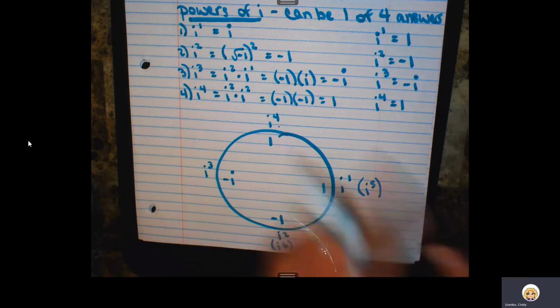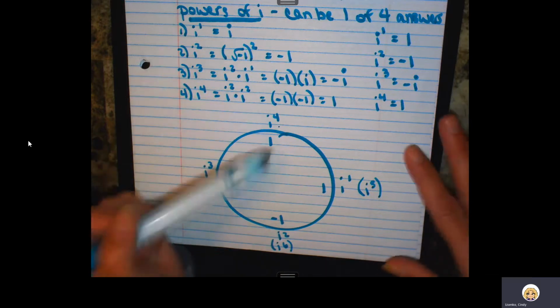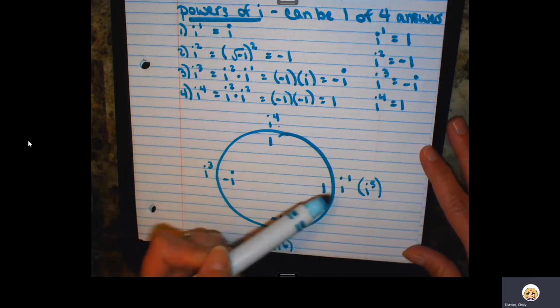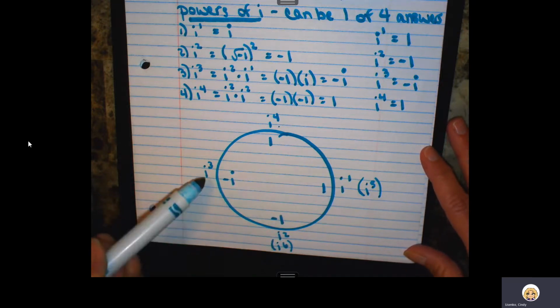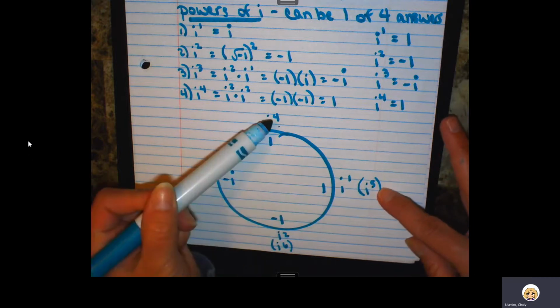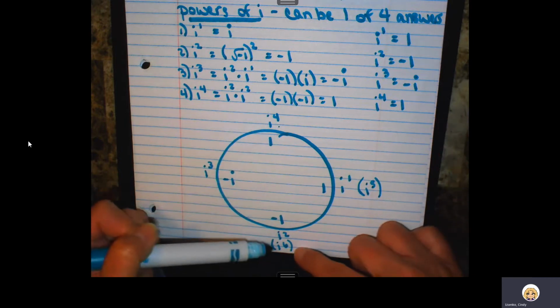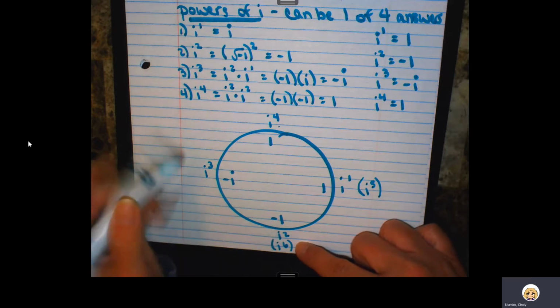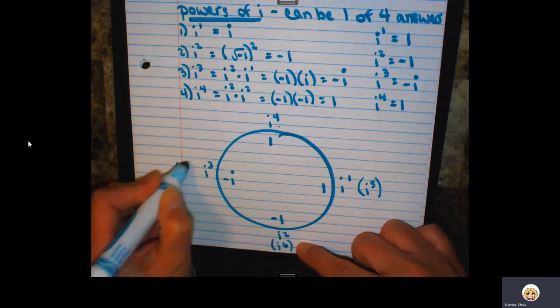What I'm trying to show you is any power of i can be found by using this clock. You're just rotating around. So we've got i to the first, i to the second, i to the third, i to the fourth. i to the fifth would be 1 more than 4. i to the sixth would be 2 more exponents than 4, so that's why it's down here. i to the seventh would be over here.